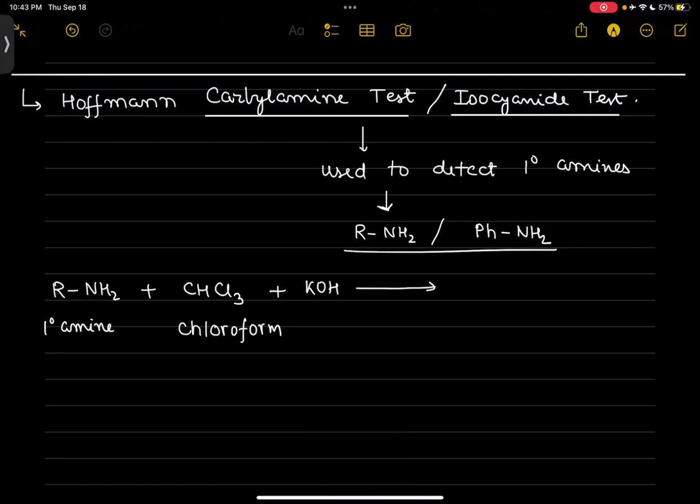what happens? Some new compound is formed because it is a chemical reaction, so something new must be forming, and that new thing must have some characteristic which may be helping us to detect the amine. Can you tell me what is forming?